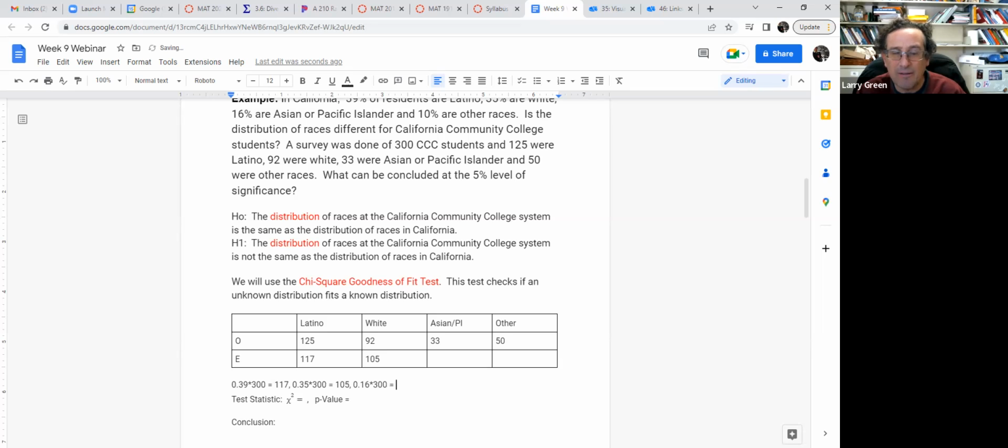That's equal to what, 48? And then the same thing with the others. That's 10%, 0.10 times 300, and that was equal to 30. So let's put those numbers in. So we're going to have 48 and 30. Let me stop for a second. Are there any questions on how I came up with this observed and expected table?